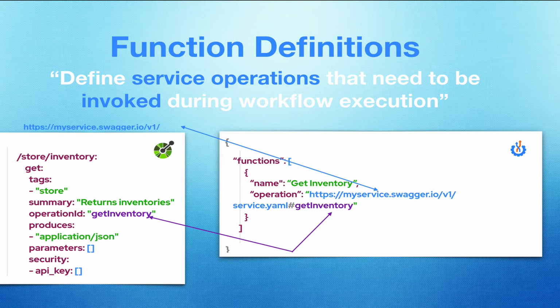On the right-hand side, we can see how we can define the service and its operation within the Serverless Workflow language. We have here the operation parameter, which is basically a combination of a path or a URI to the OpenAPI definition, and also the unique operation ID defined in this definition.